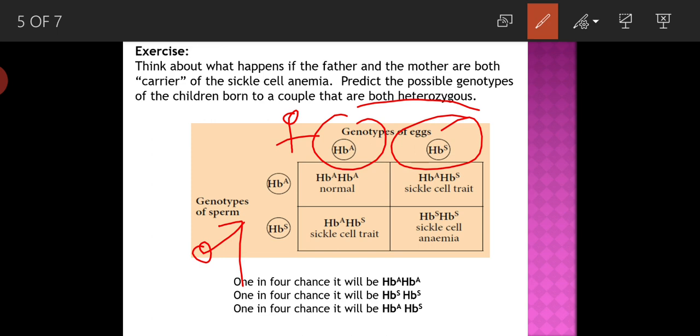From the exercise, we can see that there is a 1 in 4 chance that a child will be normal, 1 in 4 that a child will be sick with sickle cell anemia, and 1 in 4 chance of children with the sickle cell trait, which means they are going to be carriers of sickle cell anemia.